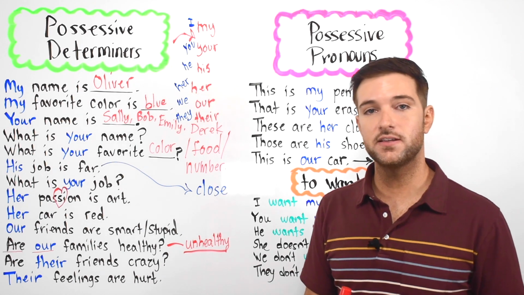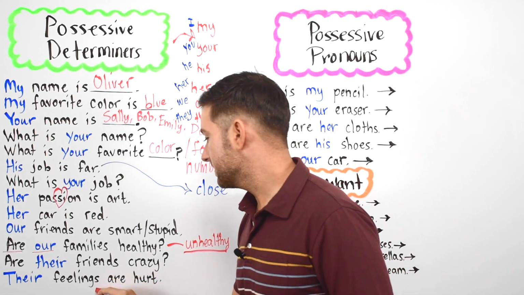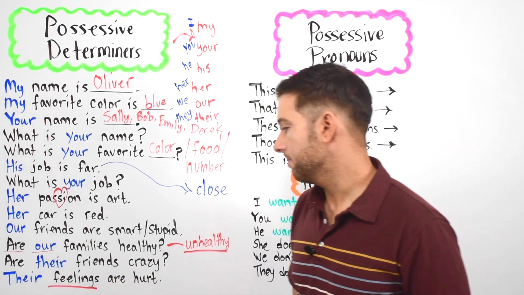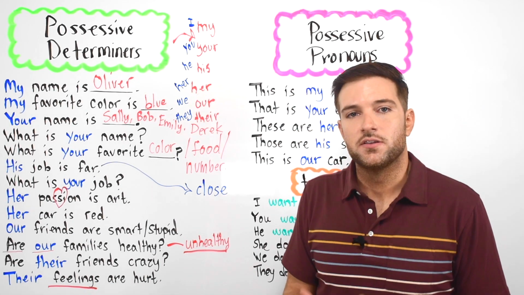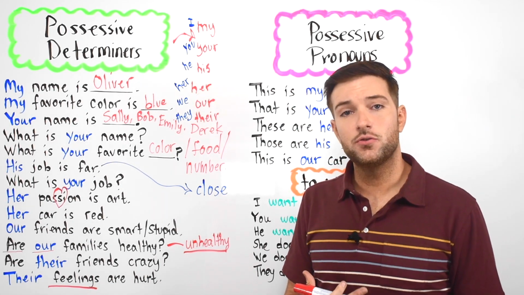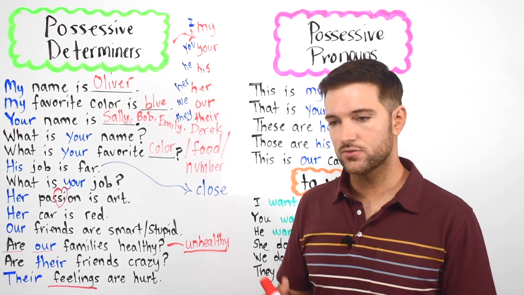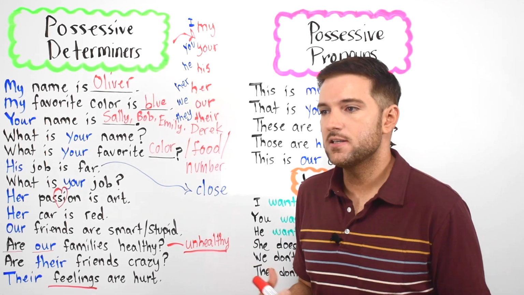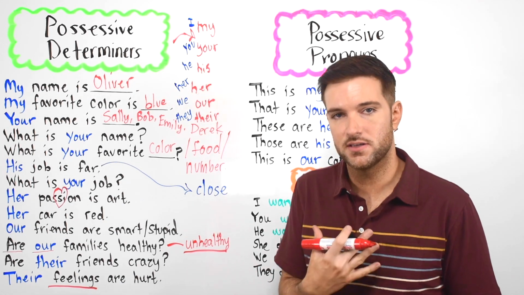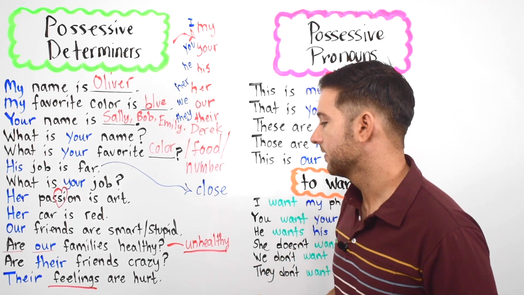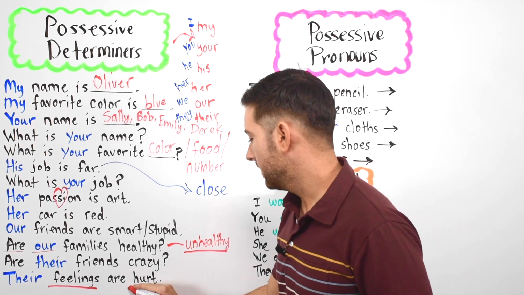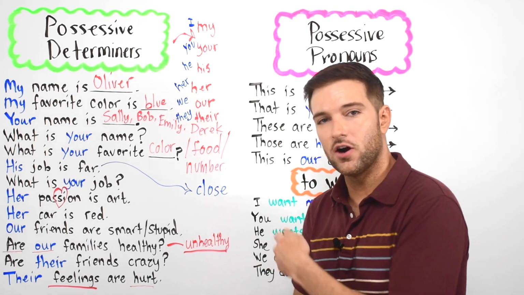Okay, their feelings are hurt. Feelings is how you feel. Okay, you have good feelings, you have bad feelings, you have happy feelings, you have sad feelings. Okay, these are sort of the sentiments that you feel inside your body, inside your heart, how you feel. Hurt. Okay, hurt means you can hurt your arm, right?